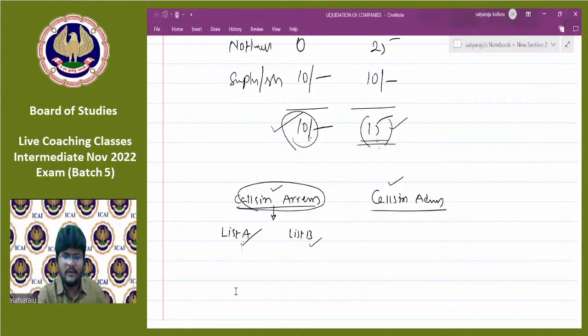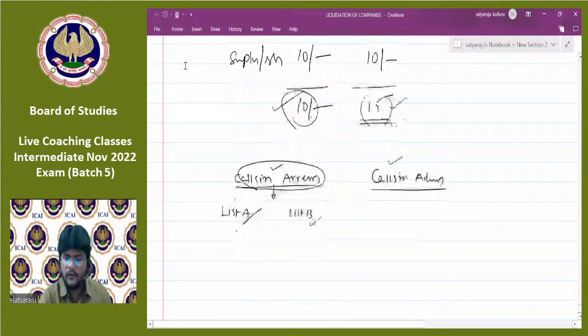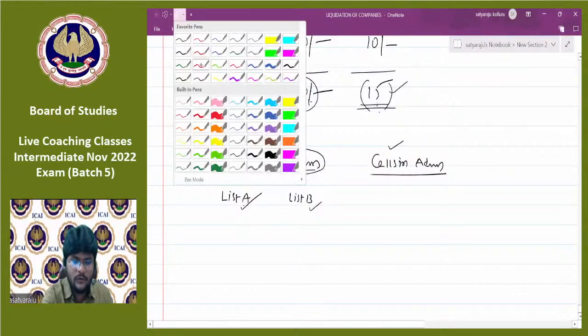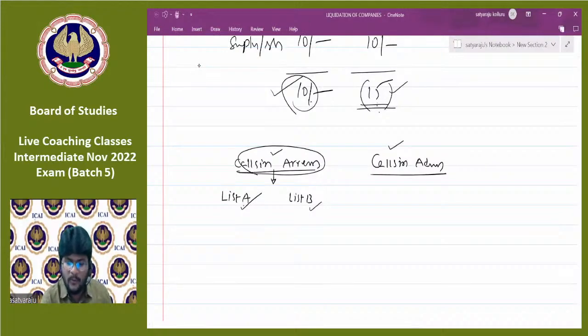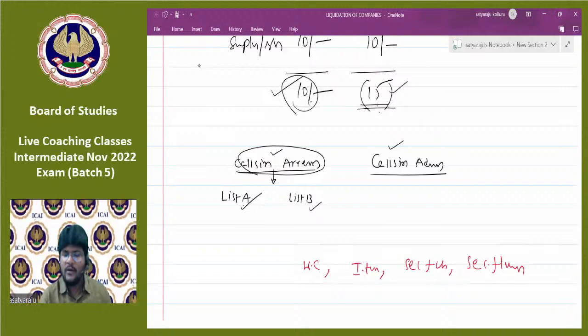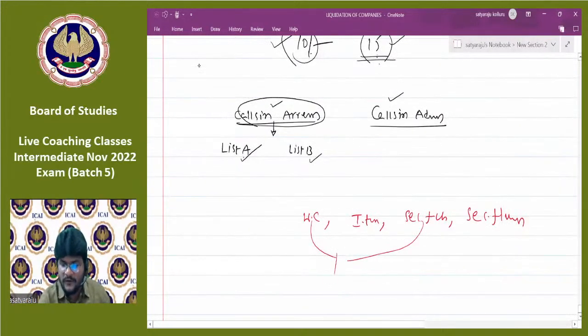So here is the question. What his question is, sir, for example, in the problem, workman compensation is there, income tax is there, secured creditor with fixed charge is there, secured creditor with floating charge is there. Then what is the sequence? First, you should take workman compensation and secured creditors with fixed charge. Whenever you are realizing an asset which was specifically pledged, first distribute among the workman compensation and secured creditors with fixed charge.